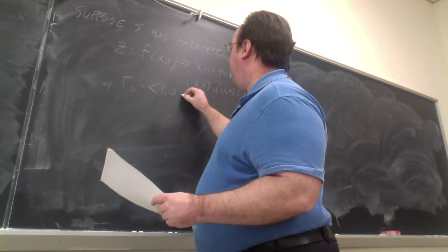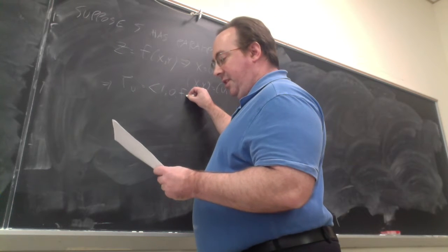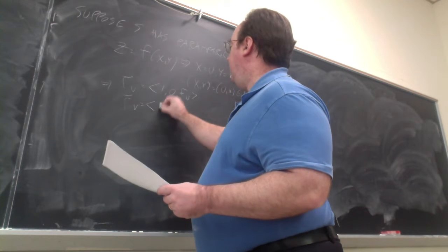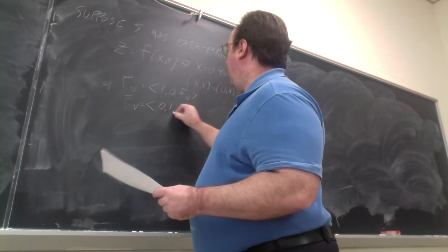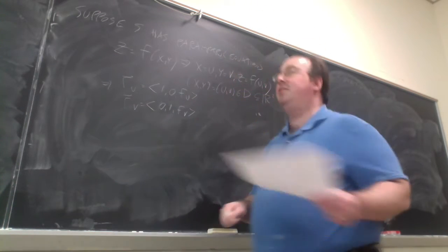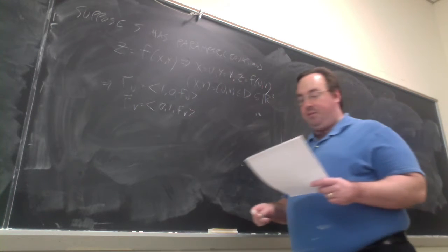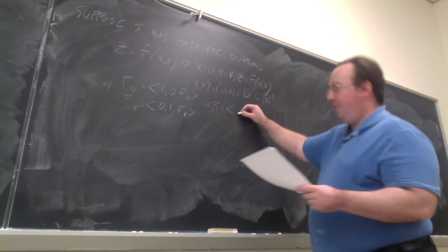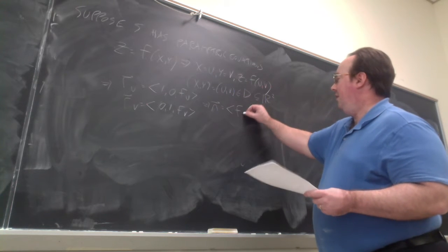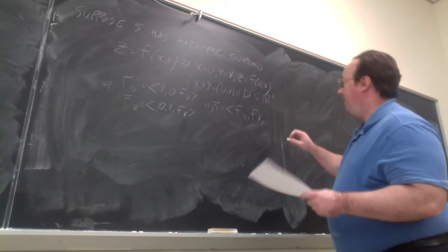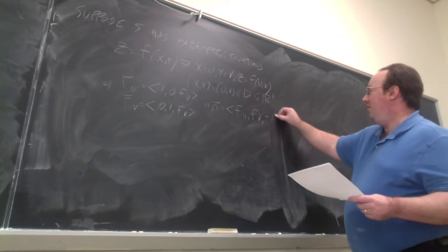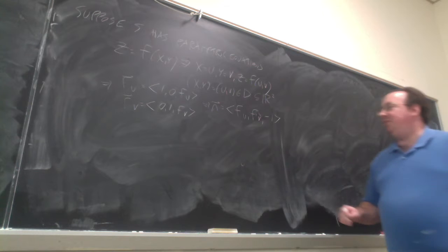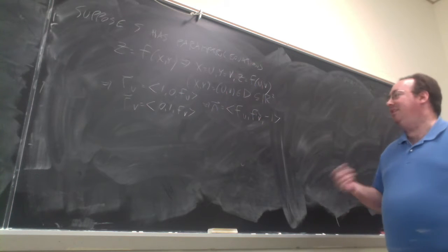It's (1, 0, df/du), which is the same as df/dx. r_v is (0, 1, df/dv), which is the same as df/dy. And therefore the normal vector is just f_u, f_v, and minus 1, which is the same as f_x, f_y, minus 1.